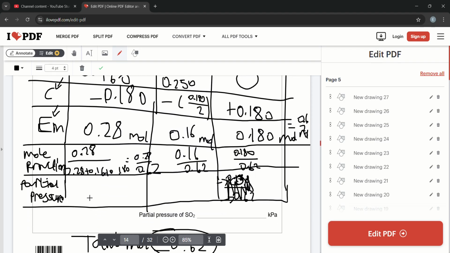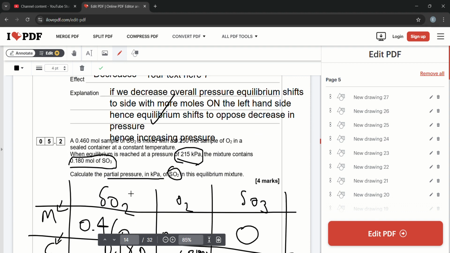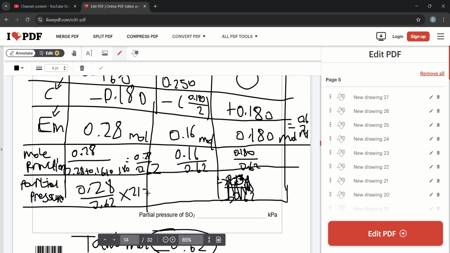So for SO2 it's going to be 0.28 over 0.62 times 215 total pressure. Mole fraction times total pressure gives us partial pressure: 97.1 kilopascals.